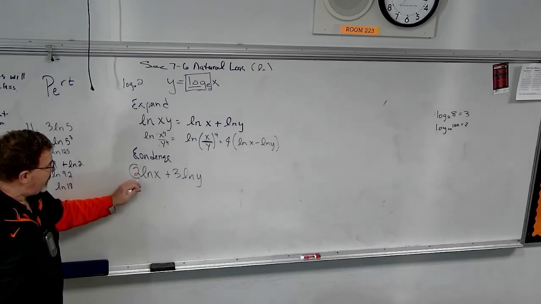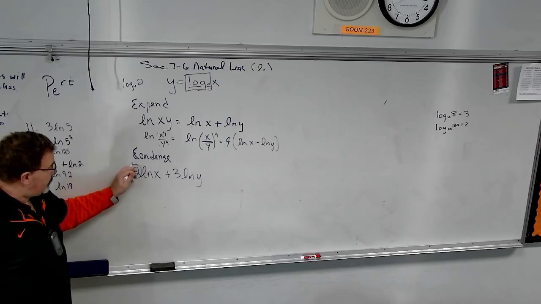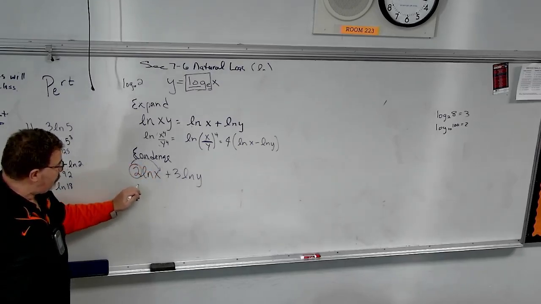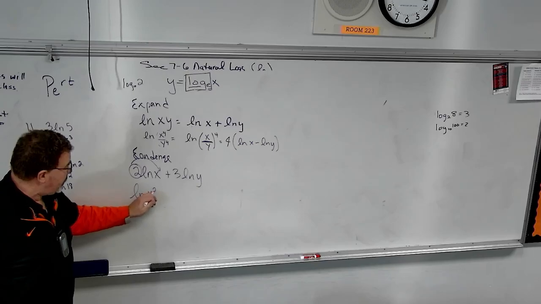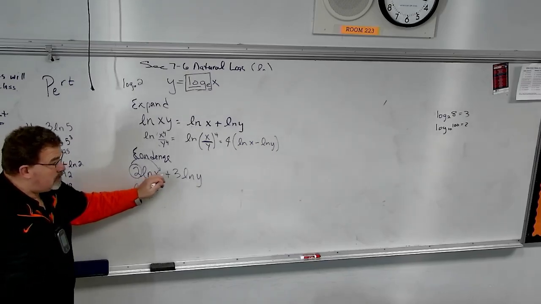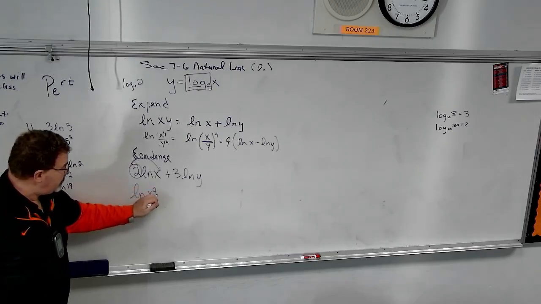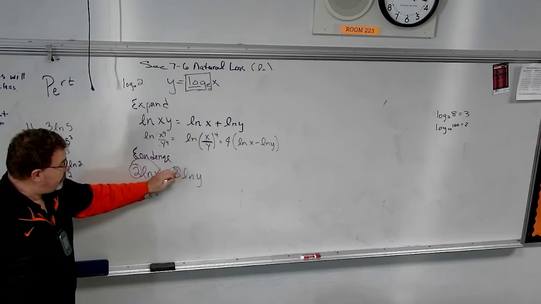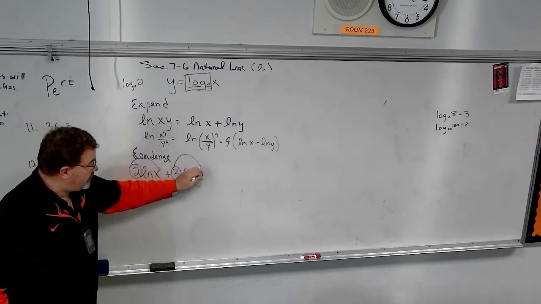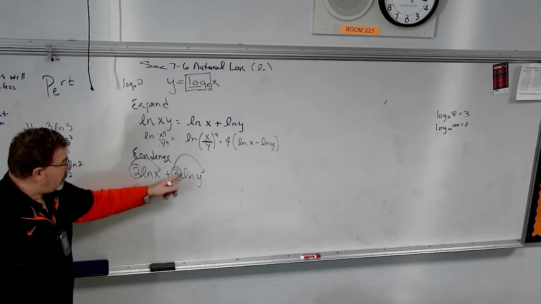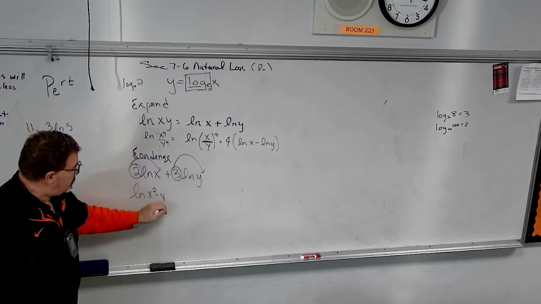Right off the bat, I notice I have a 2 in front, so I immediately know that that's an exponent, the natural log of x squared. Okay? And then a plus sign is times. I have a 3, so I move it right to the front, or to the exponent. And that's it.